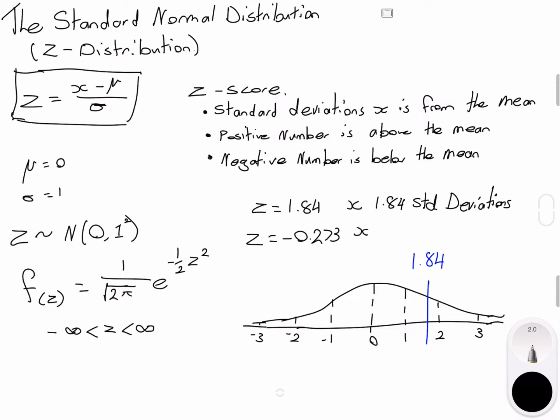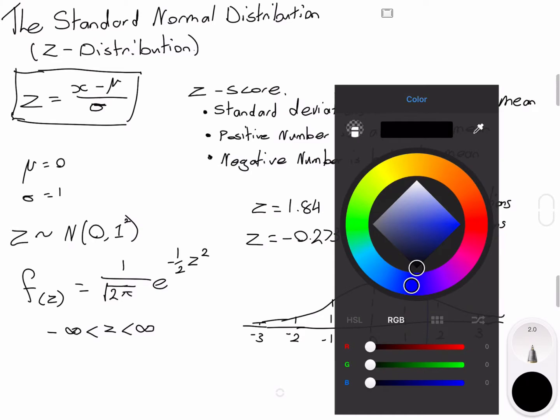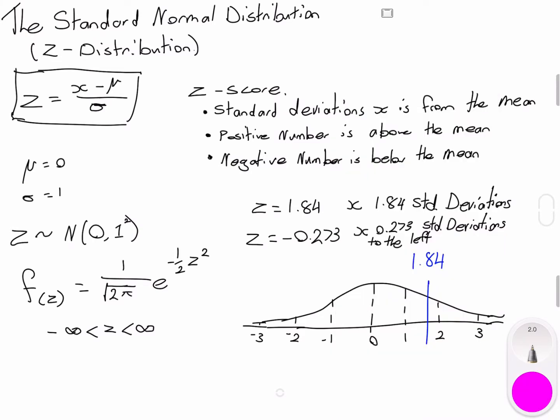So X is 0.273 to the left. So that means we'd be looking that it's somewhere about here for minus 0.273.